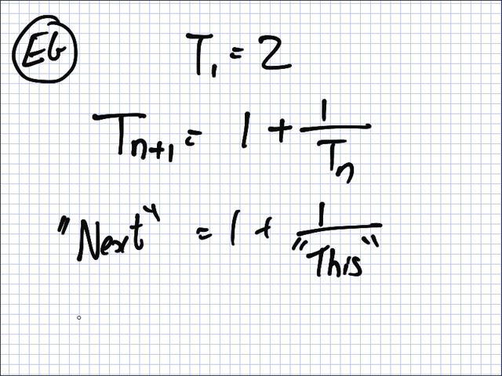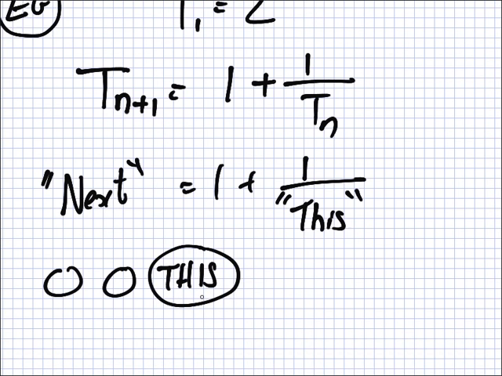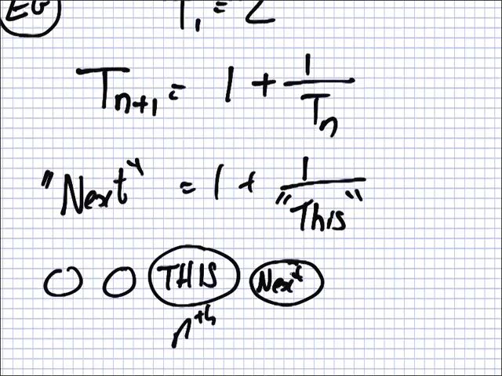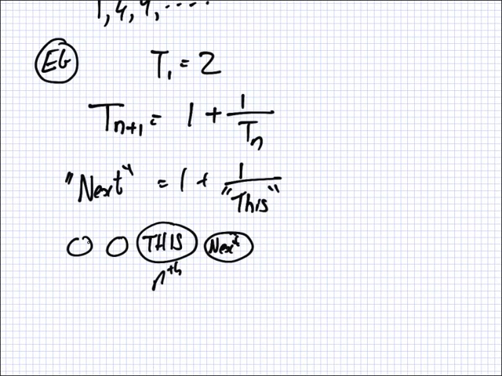In my head, I'm picturing my sequence, okay? And maybe I'm imagining I'm here at this term. And this is the nth term. Then what's this one here? This is what I'm calling the next term. So you can think about the formula like this. It's basically saying the next term is 1 plus 1 over the term that I'm at.